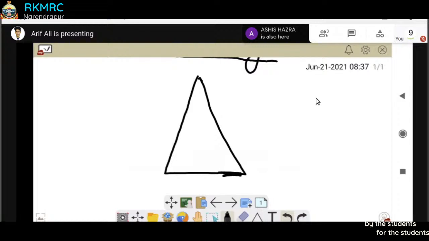So this is your isosceles triangle. These two sides are equal. Let us suppose this as B, this as B, and the other side is A. Let us name it as A, B, C.